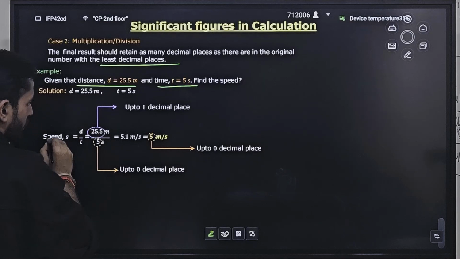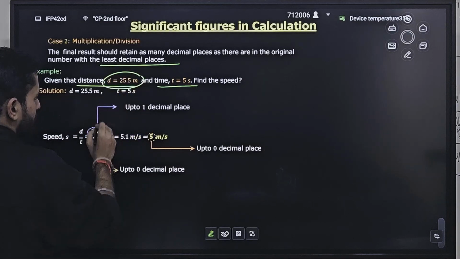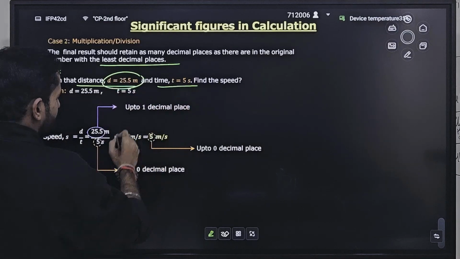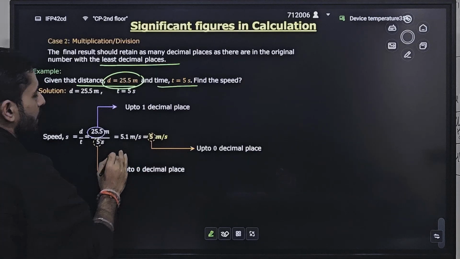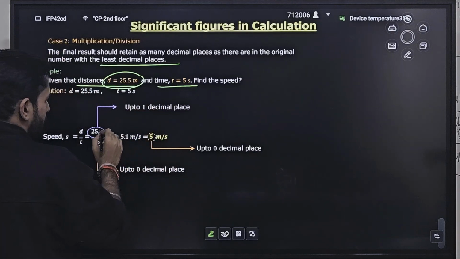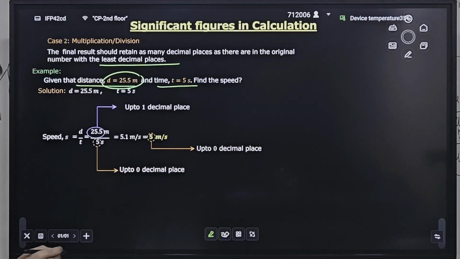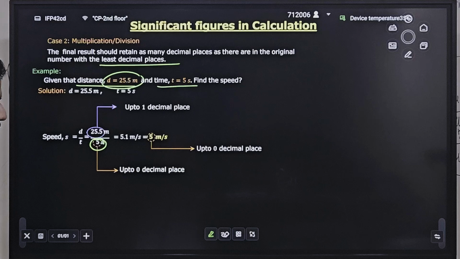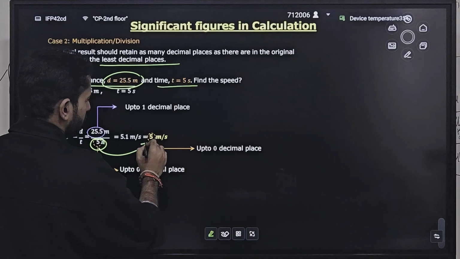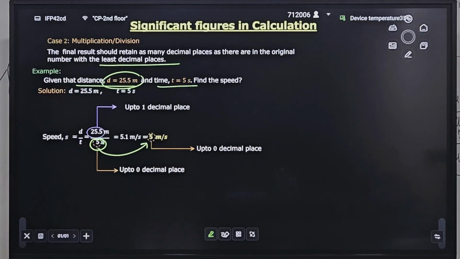Speed is equal to distance upon time. Distance is how much? 25.5. And the time is how much? You will divide and you will have some answer. But we are not interested. Check in these two numbers, which one has the least decimal places? Can I say this one has the least, up to 0 decimal places? That means your result will also have up to 0 decimal places. Is it clear?